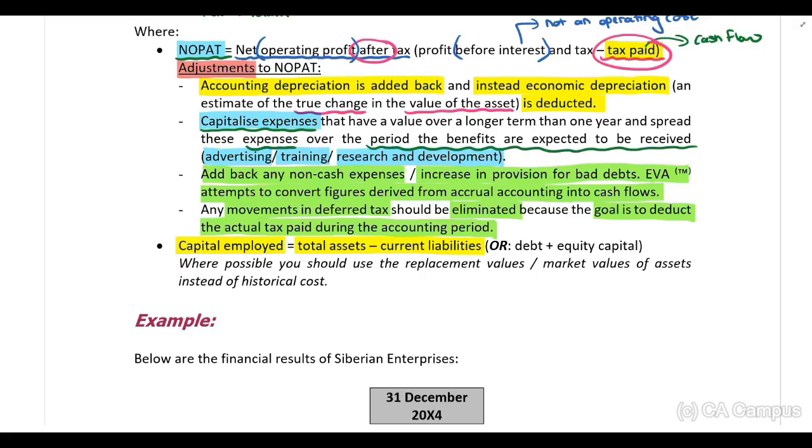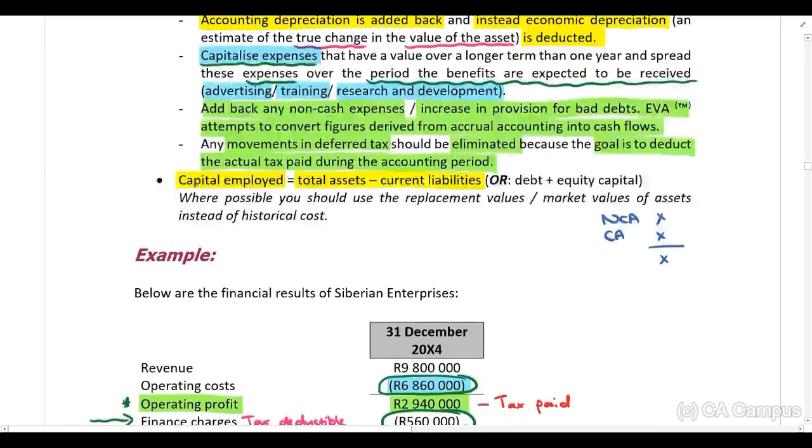So if we look at a basic statement of financial position, we have non-current assets, we have current assets. The sum of that together obviously gives me my total assets. We then have equity, we have non-current liabilities, and we have current liabilities. And if everything is done correctly, this should obviously balance.